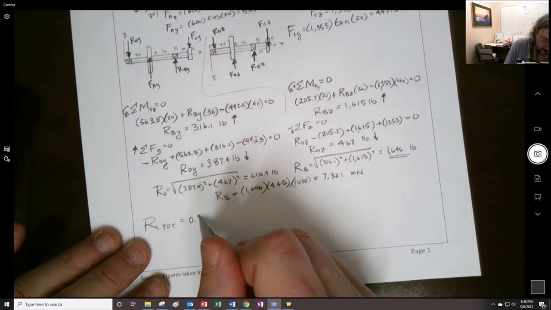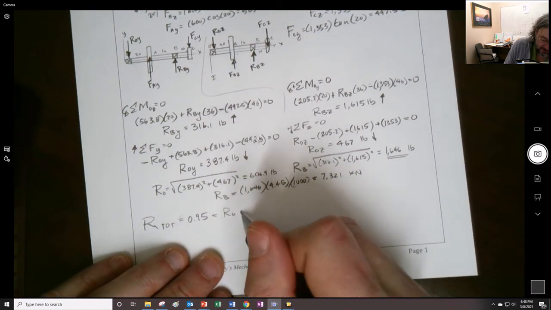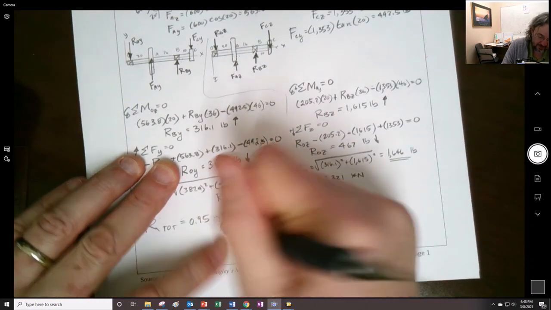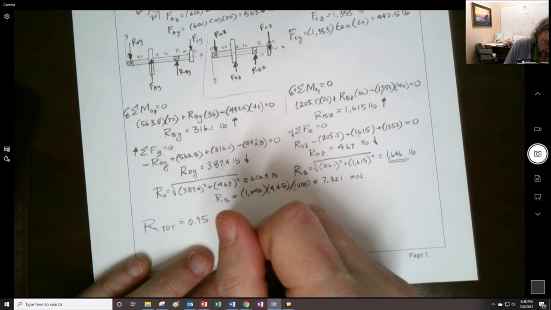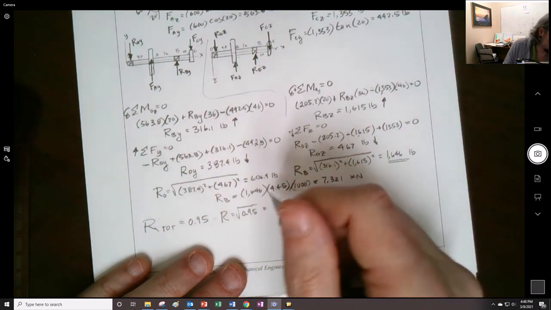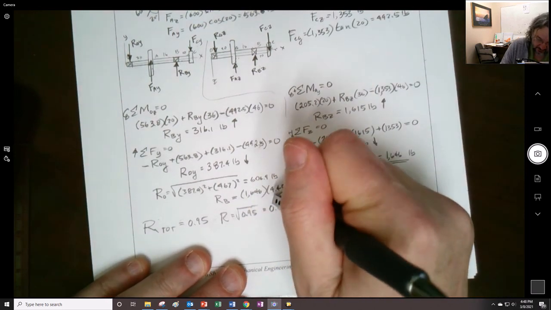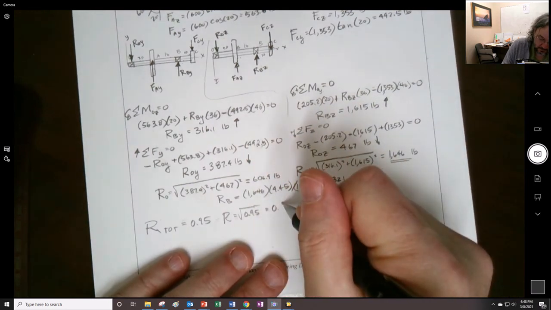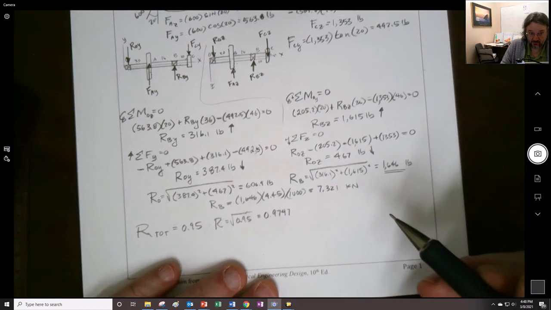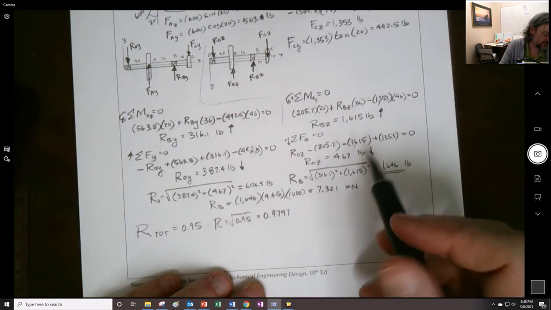Total reliability needs to be 0.95, which means that the reliability of O and the reliability of B, the individual reliability, needs to be the square root of 0.95, which ends up being 0.9747. So 97.5% reliability is required in order to get a total combined reliability here.